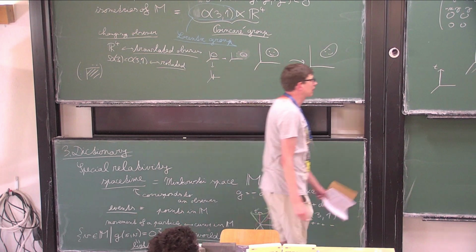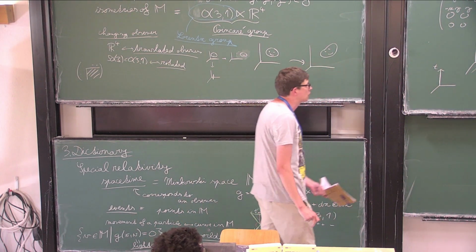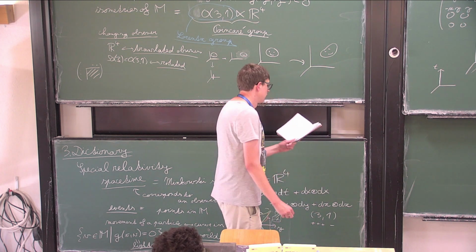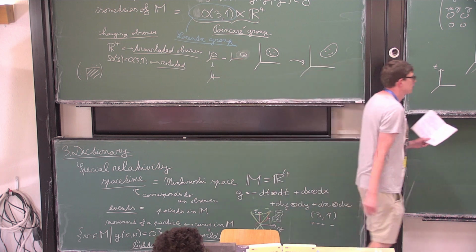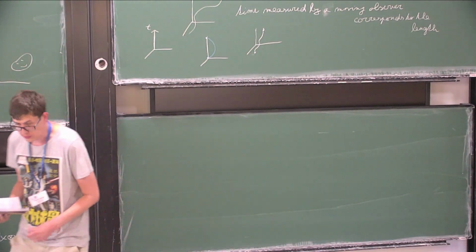If you calculate it, the length of the blue one is less than the length of the white one. That's the so-called twin paradox. Okay, so this is a short dictionary between the notions, if you ever see this in physics.